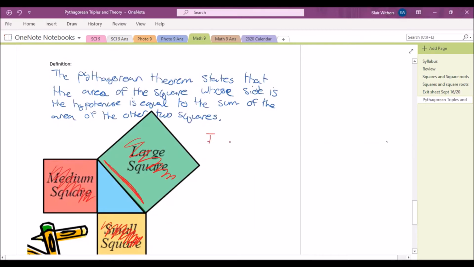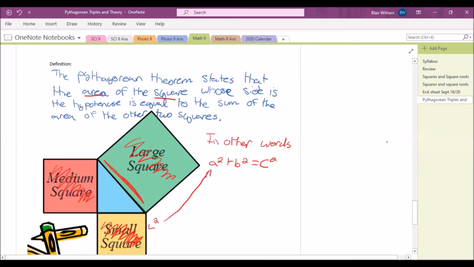So, in other words, what it's saying is a squared plus b squared equals c squared. That's literally all it's saying. The reason is that if we're finding the area of a square, it's always just a length squared.